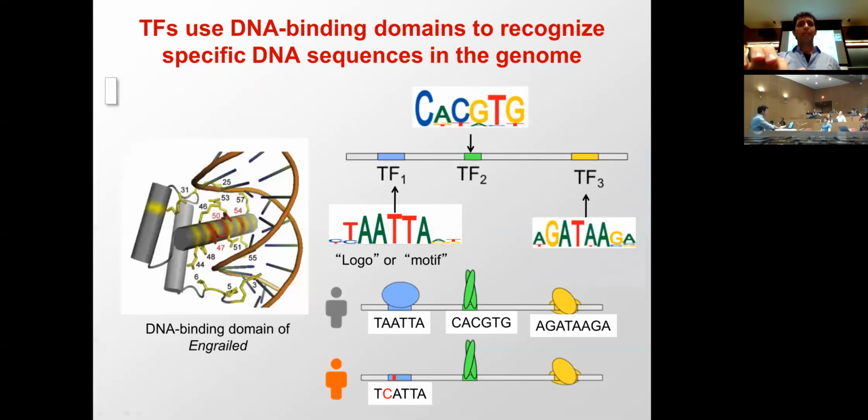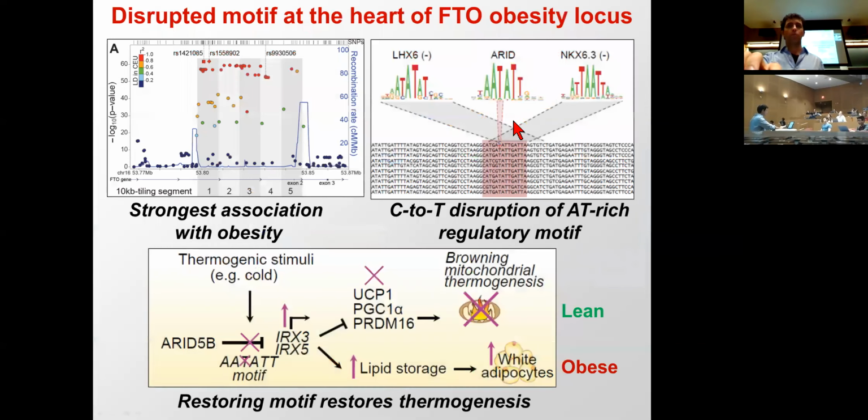All right, so 93% of cases, this is what's happening. And there's one very beautiful example that Melina Klausnitzer worked out, working in collaboration with my lab, who basically showed that you can actually trace down the strongest genetic association with obesity down to a single nucleotide by disrupting this T nucleotide and changing it to a C. This AT-rich interaction domain can no longer bind there.